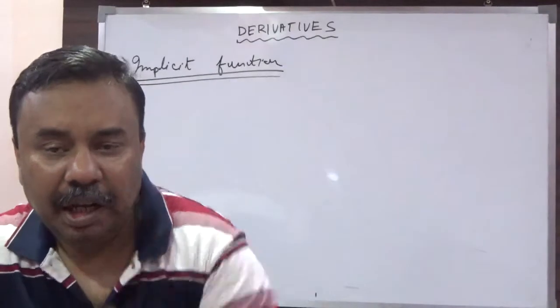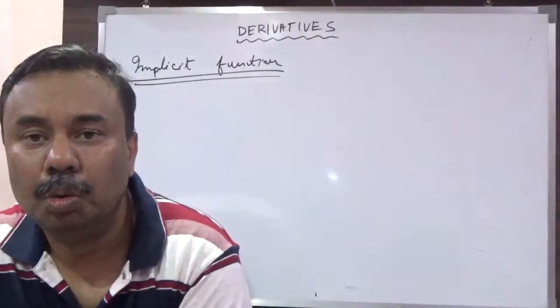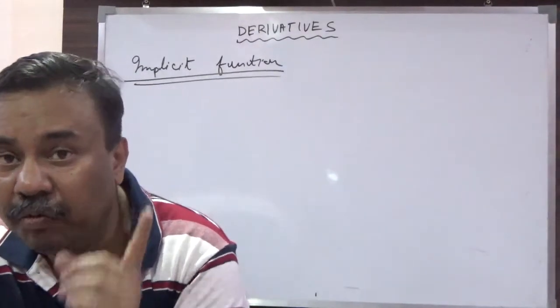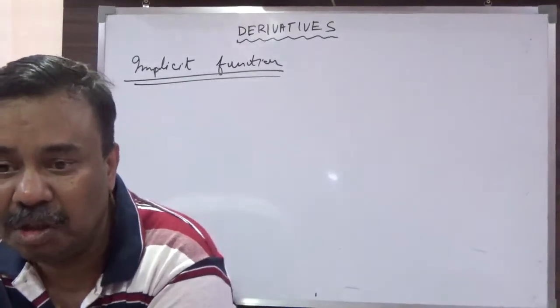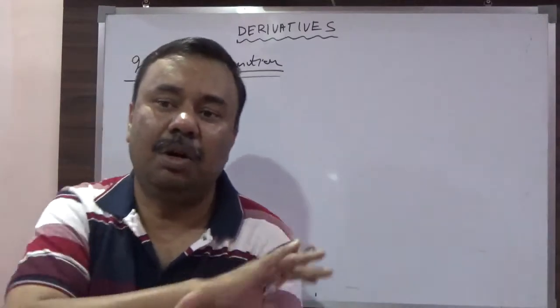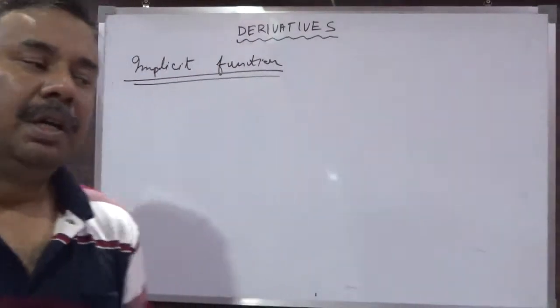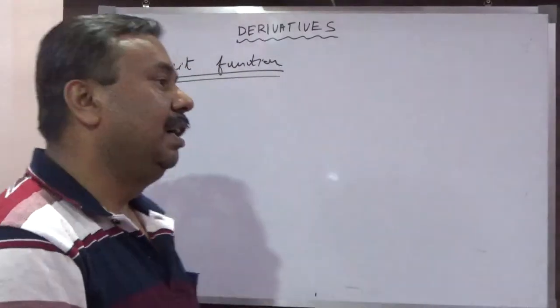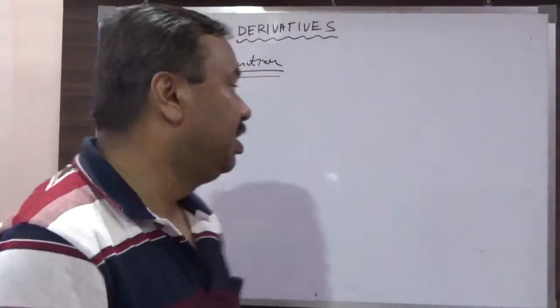I repeat, if you are able to express y as a function of x, that means taking only y on one side and all other terms of x to the other side, then it is called an explicit function.